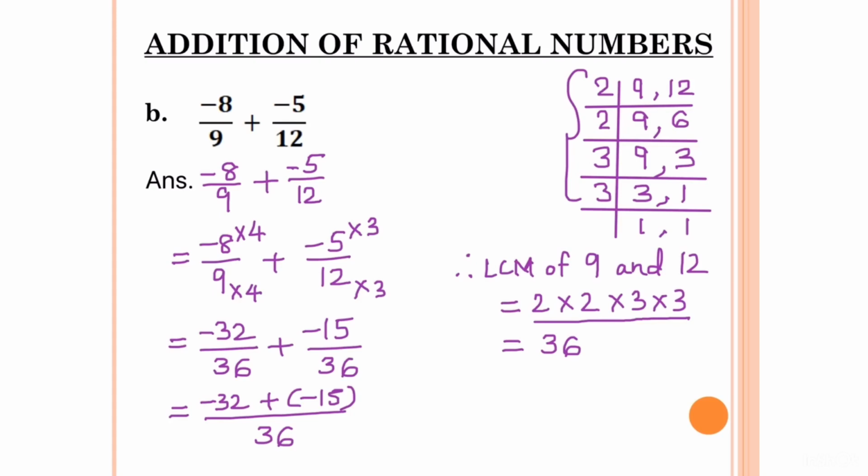In the numerator we have both the integers of same sign, so we will add the numerical values. 32 plus 15 is 47 and we will assign minus sign to the result, divided by 36. Therefore, minus 47 by 36 is the answer.